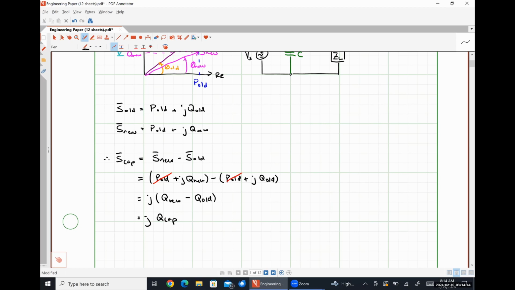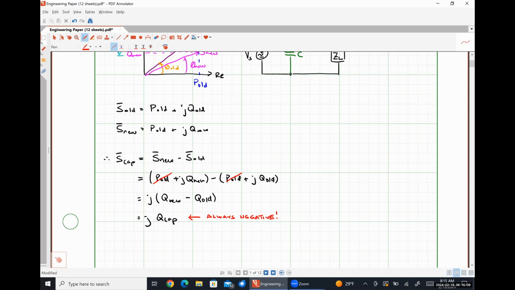Now, this Q cap quantity, I'm going to put a note here, will always be a negative quantity because the capacitor is supplying vars into our system.